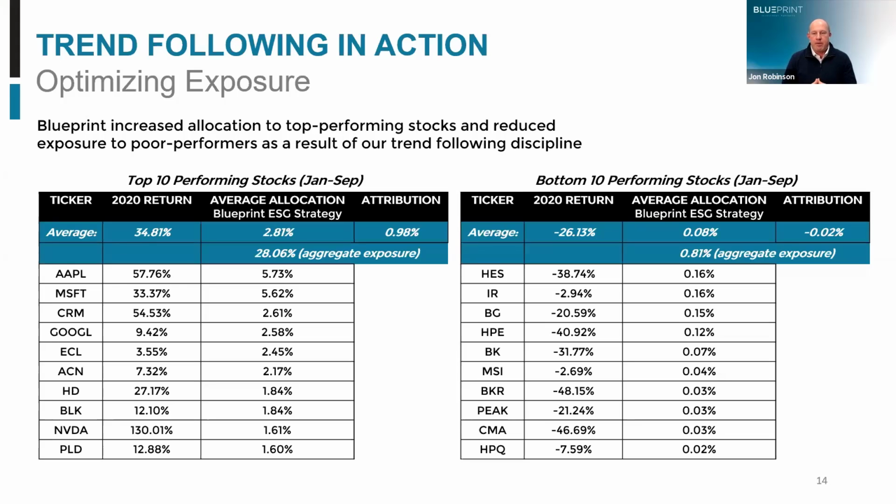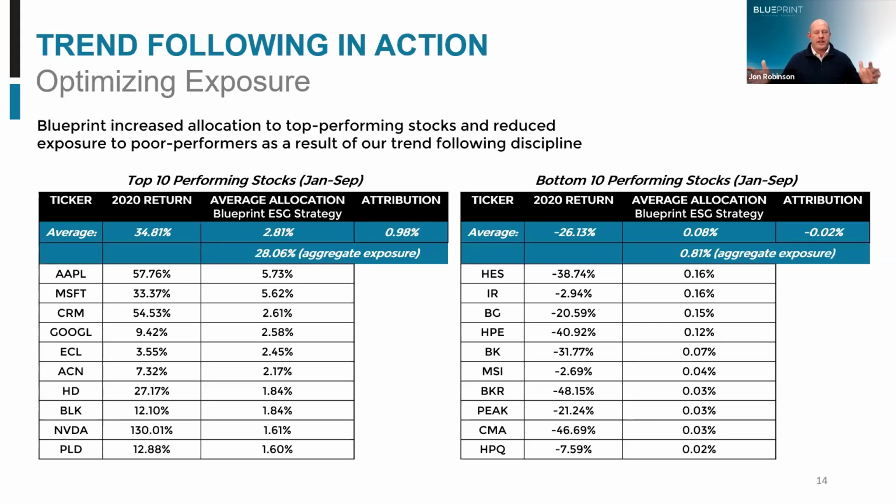Now, on the other side, the bottom 10 performing stocks through September, they're on average down 26%, with the Blueprint allocation at almost zero, 8 basis points. And this, on a percentage change basis, is significantly more than the index itself.